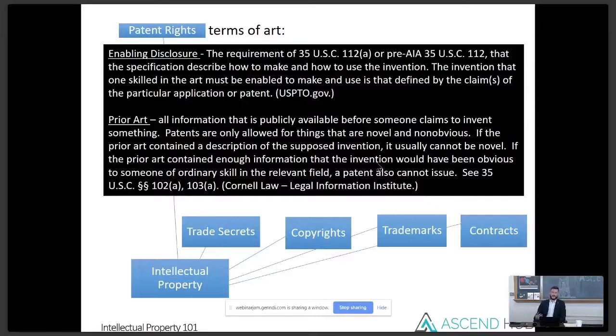Prior art is all information that is publicly available before someone claims to invent something. Patents are only allowed for things that are novel and non-obvious. Novel meaning new. If the prior art contained the description for the supposed invention, it cannot be novel.